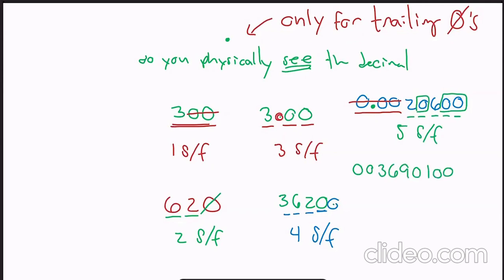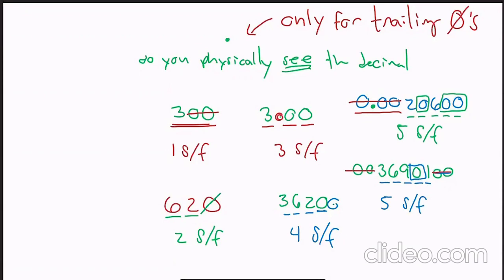All right, well, let's see. I have a value here. Leading zeros, I don't ever have to count them. Captive zero, yep, I have to include that. If I don't see a decimal point anywhere, I don't have to include these trailing zeros, which means that I only need to include 1, 2, 3, 4, 5 significant figures.